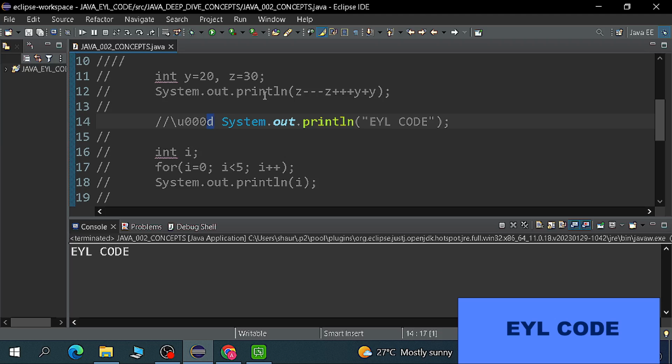What I mean is, in this we have not provided any unicode, so everything in this line is going to be a comment, right? But how does the JVM know that we have to move to the next line? Internally this unicode is there in this line, which you can't see, but internally it's there. That's the reason the JVM comes to know that we have to move to the next line.